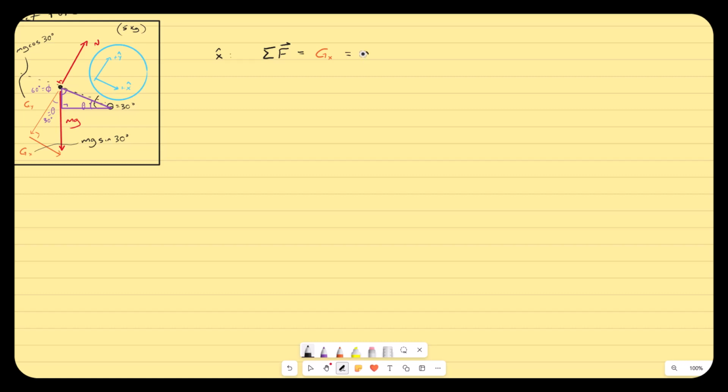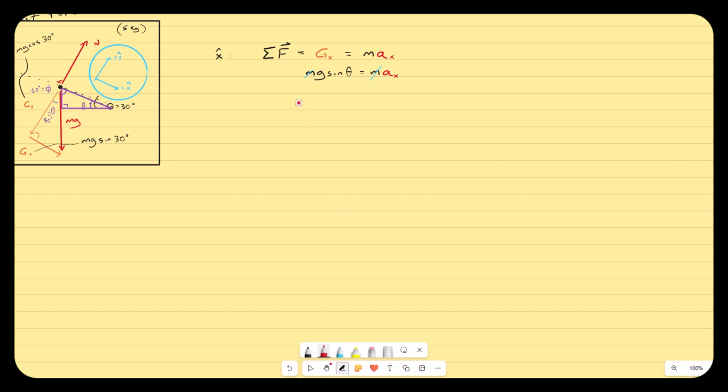Sum of forces is always going to be equal to mass times acceleration, and that is an acceleration in the x direction. I know gx, right? If I put in my details here, mg sine theta equals m times ax. I could divide by m, but I don't even need to because it cancels.